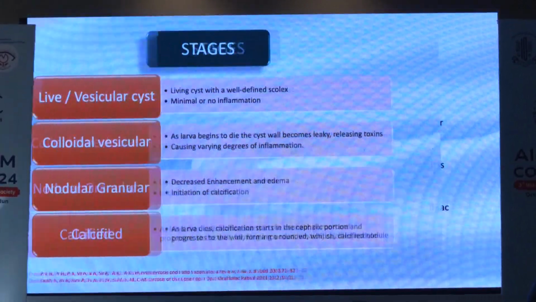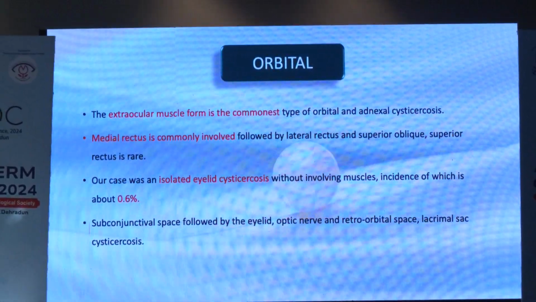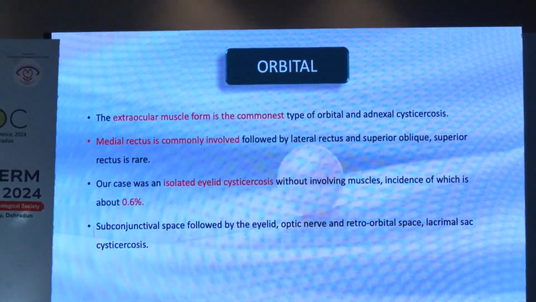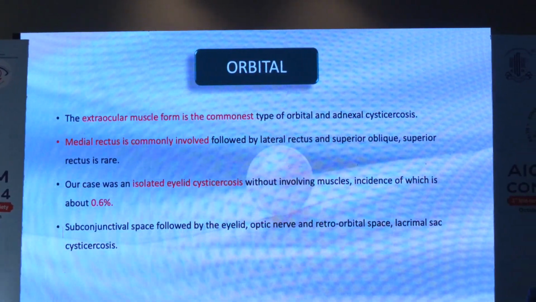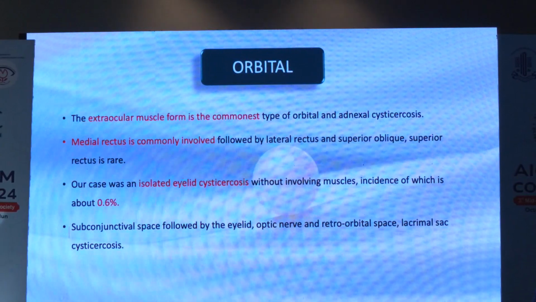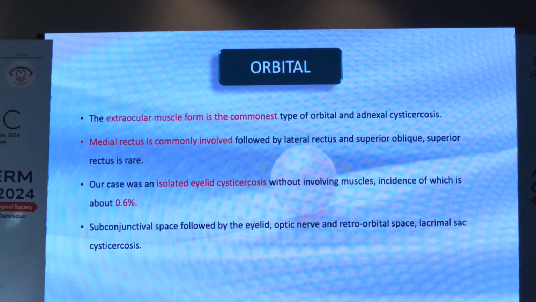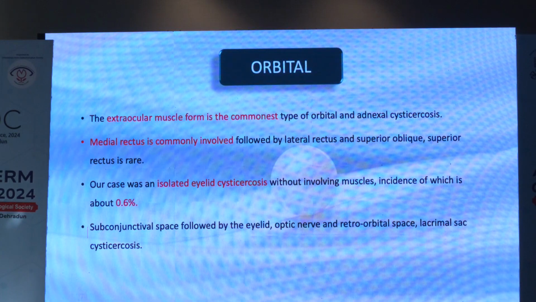rounded whitish calcified nodules. In orbital cysticercosis, the extraocular muscle form is the commonest, where the medial rectus is commonly involved, and our case is an isolated eyelid cysticercosis, which has around 0.6% incidence. The order is subconjunctival space, followed by eyelid, optic nerve, retroorbital space, and lacrimal cysticercosis.